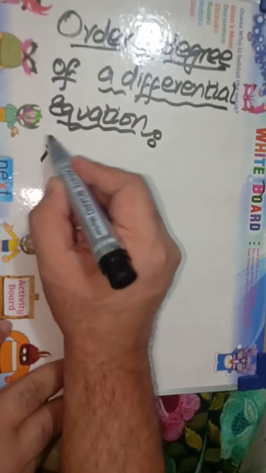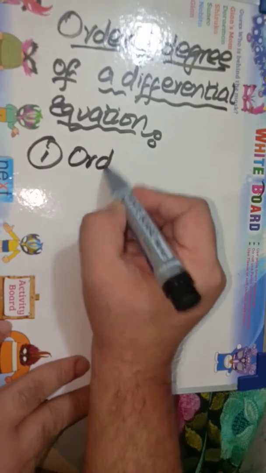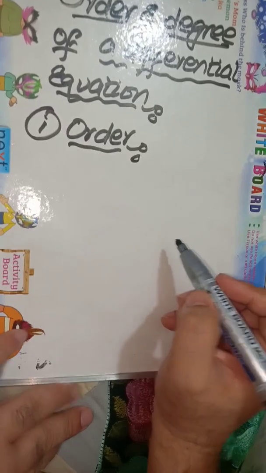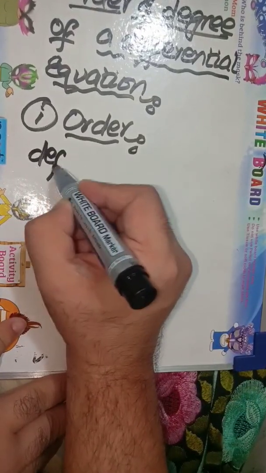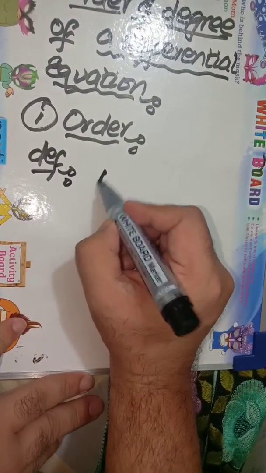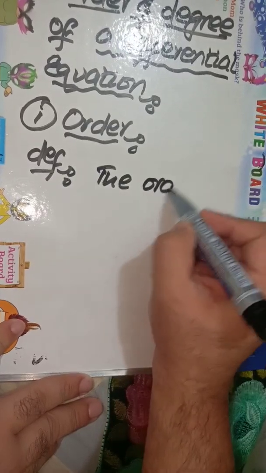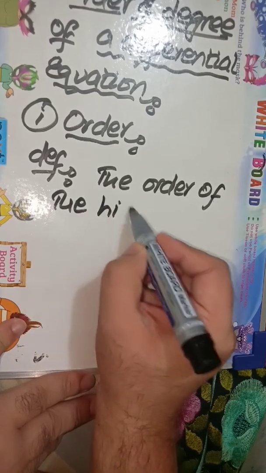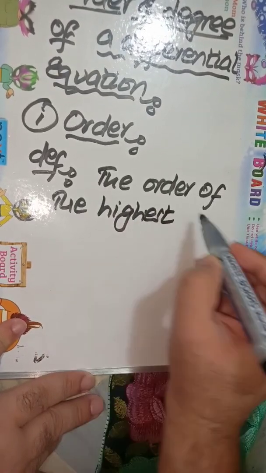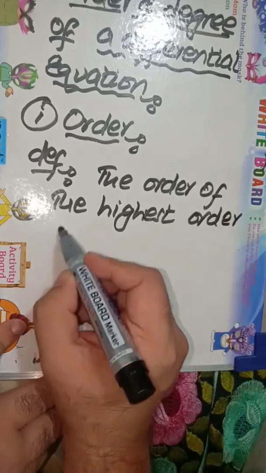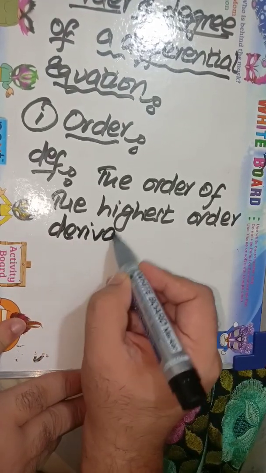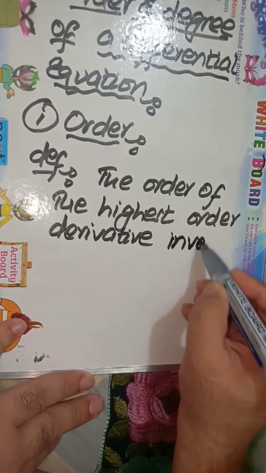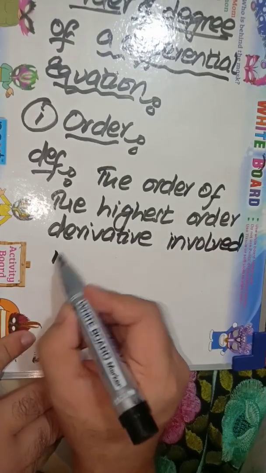First of all, I would like to define the order of a differential equation. So I will write the definition of order of a differential equation. What is the order of a differential equation? The order of the highest order derivative involved in a differential equation.